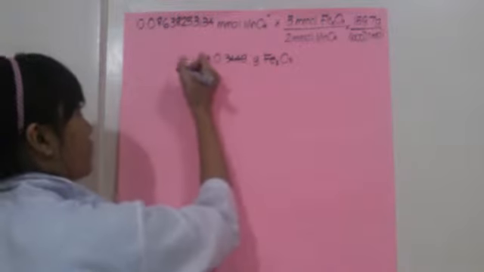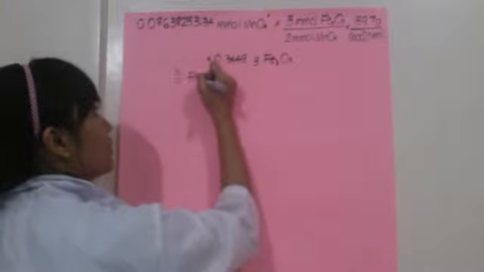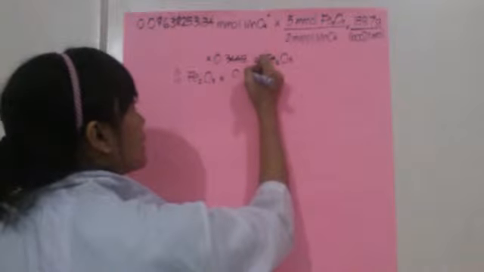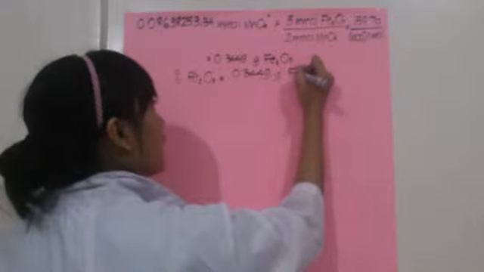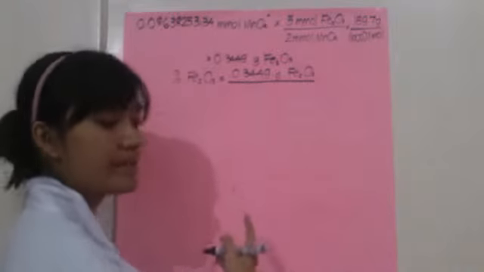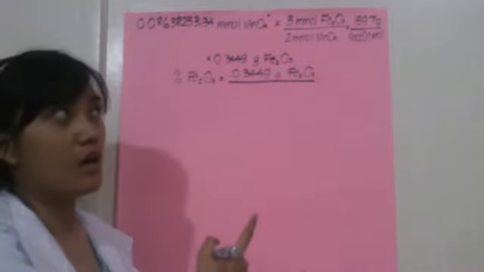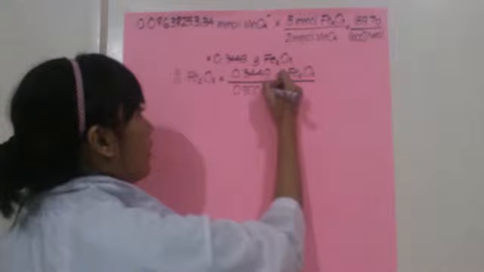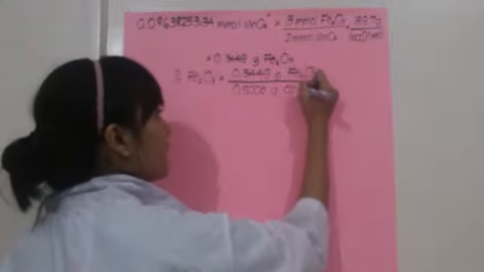percentage of Fe2O3. So, percent Fe2O3 will be equal to 0.3449 grams Fe2O3 all over the weight of the sample, which was 0.5000 grams of the titanium ore.